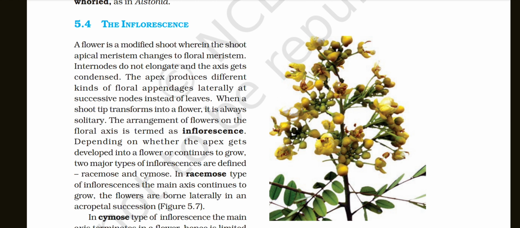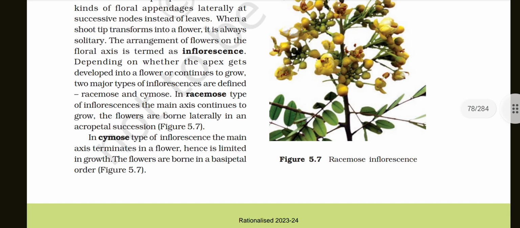Depending on whether the apex gets developed into a flower or continues to grow, two major types of inflorescence are defined: racemose and cymose. In the racemose type of inflorescence, the main axis continues to grow. The flowers are borne laterally in acropetal succession.